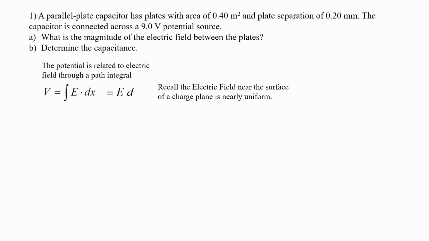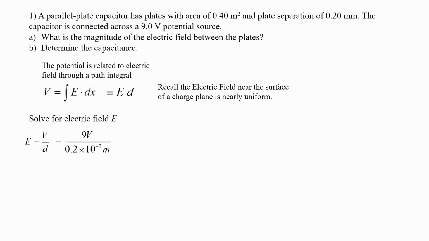So what we want to do now is solve for E in terms of the voltage and the separation. And so now we have this relationship, and pretty much we have all the known variables here. The voltage is 9 volts, and the separation is 0.2 millimeters.